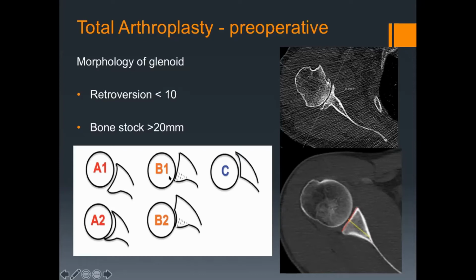Or you can have posterior wear, which is the B-type glenoids, where you get posterior wear on the posterior glenoid rim and eventual development of a biconcave glenoid, as in the B2 format, which is where you have a biconcave shape. And the C-type glenoid is really an excessively retroverted glenoid, greater than about 25 degrees.